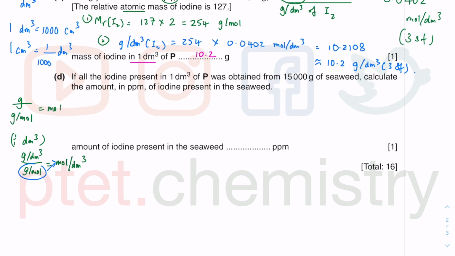Now the very last bit of this question: if all the iodine present in 1 dm cube of P was obtained from 15,000 grams of seaweed, what is the amount in ppm of iodine present in the seaweed? Remember, ppm, as the question said at the very beginning, is the mass of iodine in gram compared to 1 million gram of seaweed.